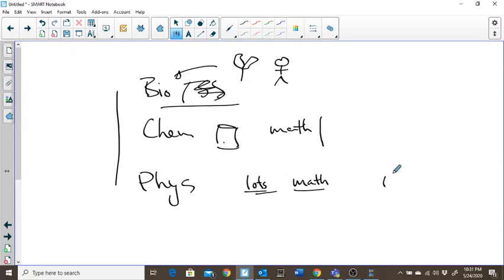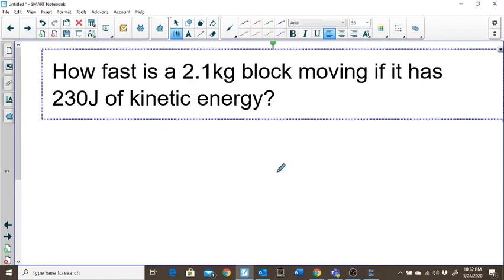So sometimes physics is thought of as being the hardest, and biology as being the easiest. And the issue here is the amount of math that comes into this. And chemistry sort of comes in down here, I would say. Anyways, just to let you know.